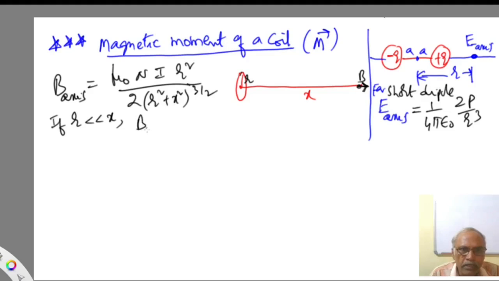Then you will get the magnetic field on the axis of a circular coil: B axis is equal to mu naught n I r square by 2x cube.